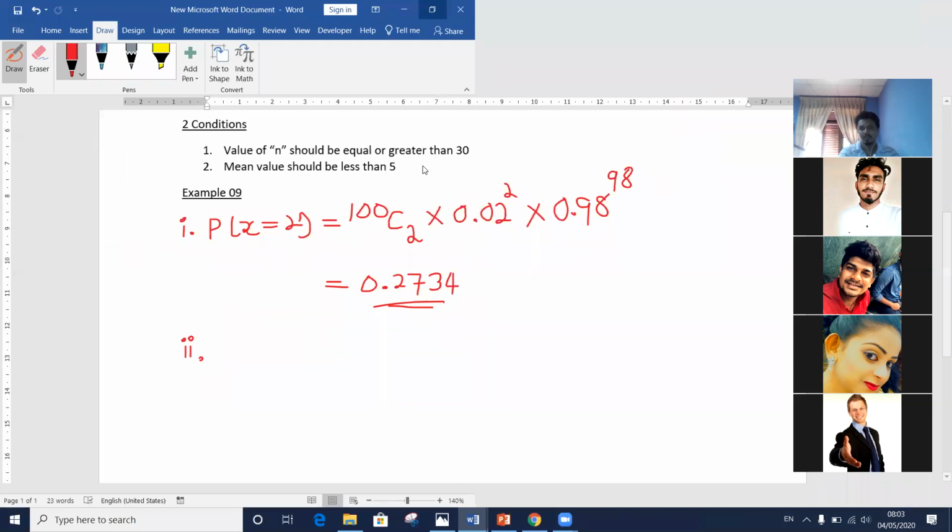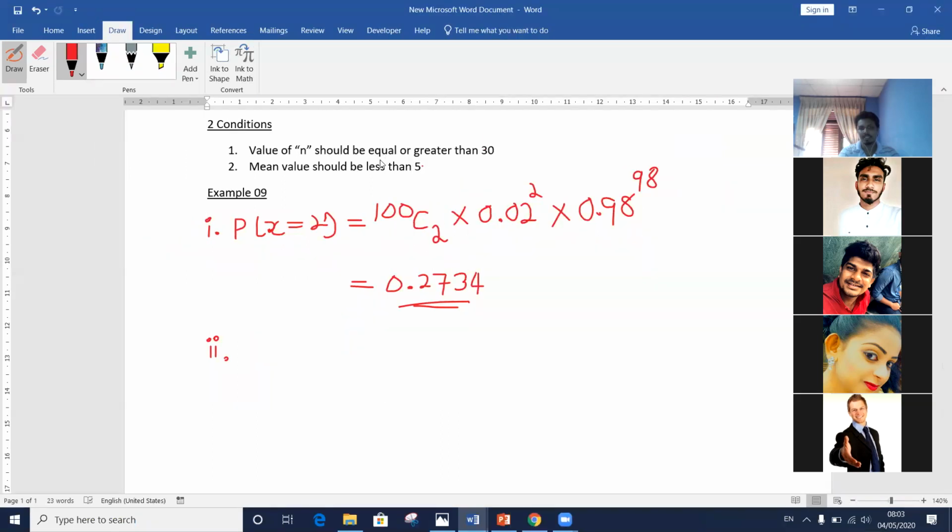Based on these two conditions. We need to see whether these two conditions are satisfied. If they are not satisfied, we can't use the Poisson distribution, right?